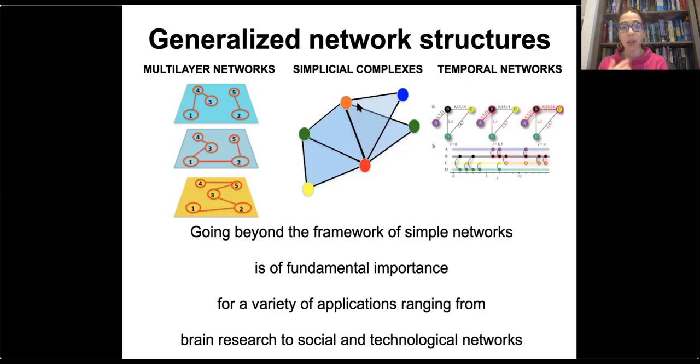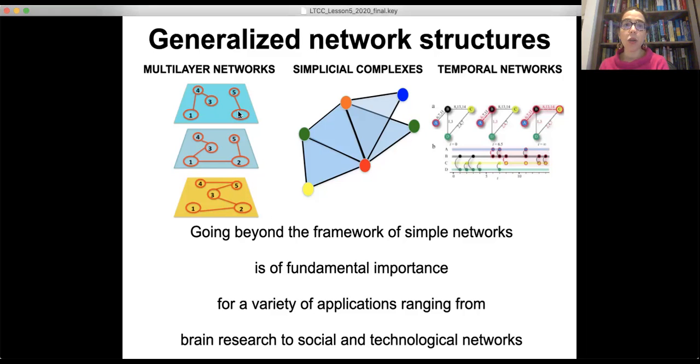And these generalized network structures include multilayer networks, simplicial complexes and temporal networks. In multilayer networks, what you really capture is that in a complex system, any two nodes may be connected by interactions of different nature, different type, different connotation. For instance, any two people in a social network might be interacting with each other via mobile phone, via email, or via chat.